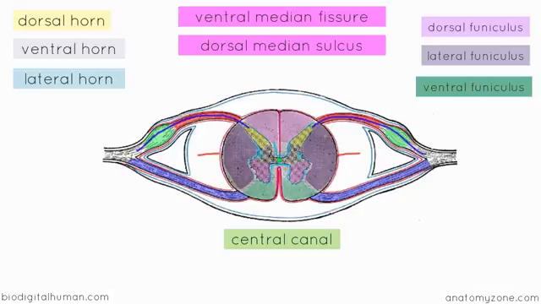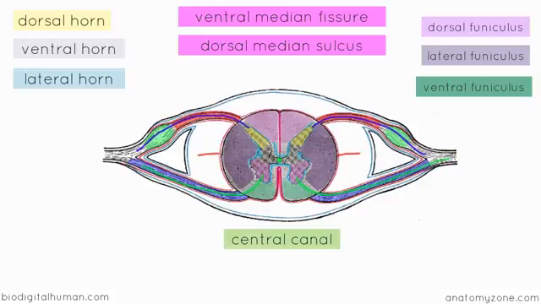So the ventral horns are the site at which the motor neurons are given off. So you've got the motor neurons, motor efferent neurons innervating the skeletal muscle originating in the ventral horn. So you get efferent motor information coming out via the ventral root.